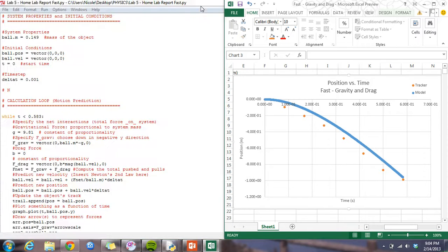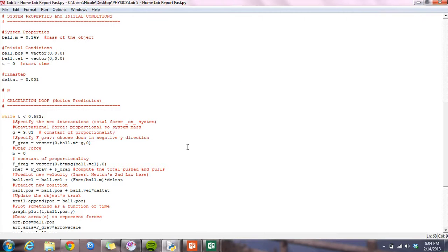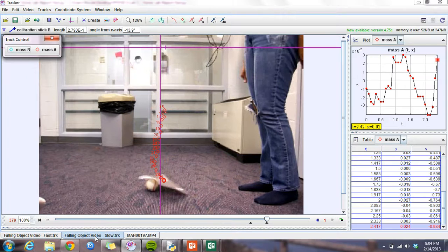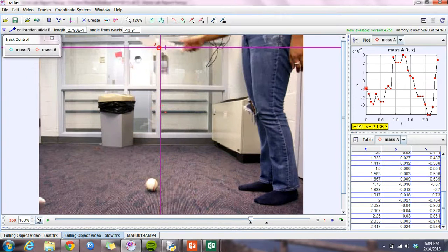So now let us consider our slow falling object, which I used as a sheet of paper. The axis has the origin at the middle of the paper. The calibration stick is set to 0.279 meters, which is the length of the paper measured diagonally.